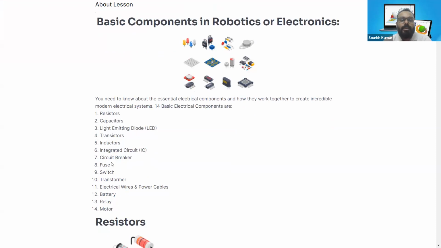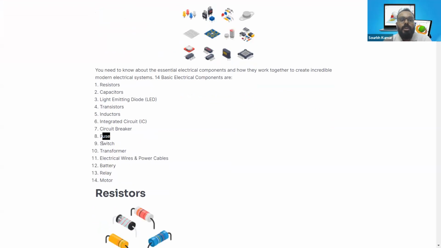Apart from the circuit breakers, we have the fuse, switch, transformers, electrical wires, and power cables. Obviously the battery, to utilize the stored version of electricity in our project, as well as relay and motors. So these are the basic components, 14 in total, which we are going to utilize in our classroom program.